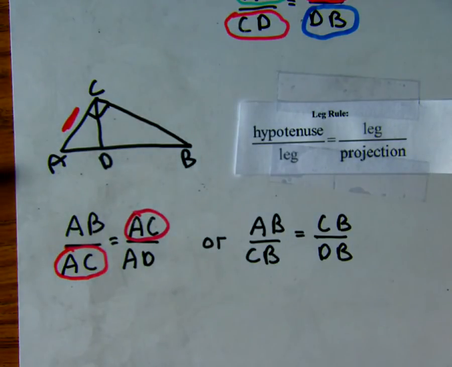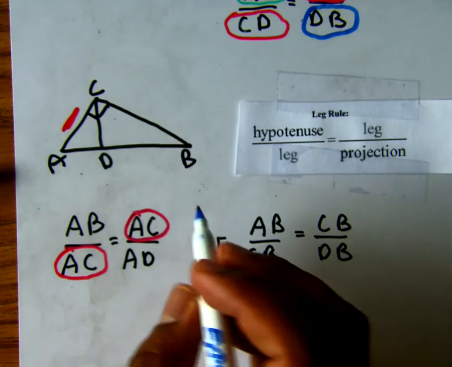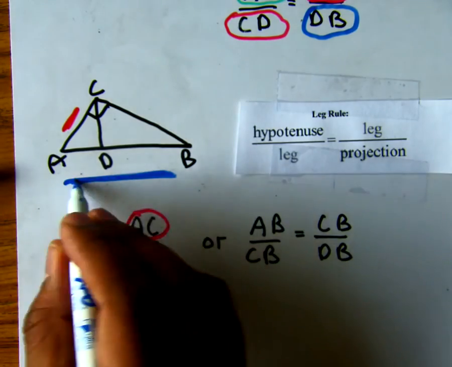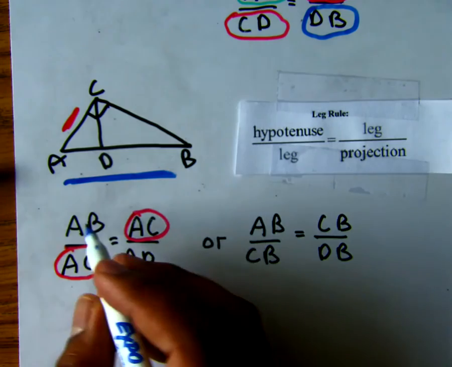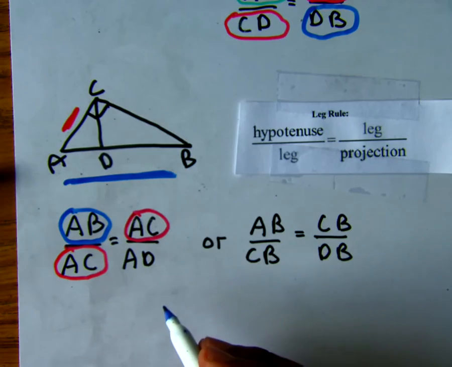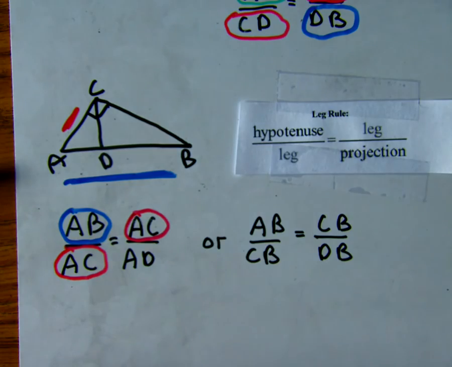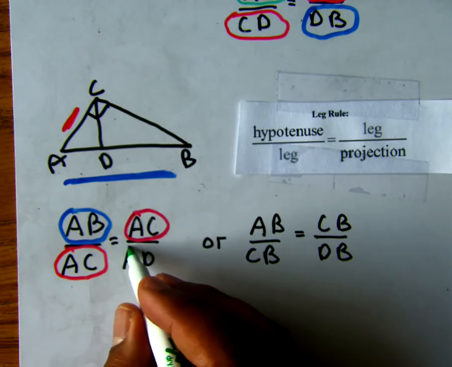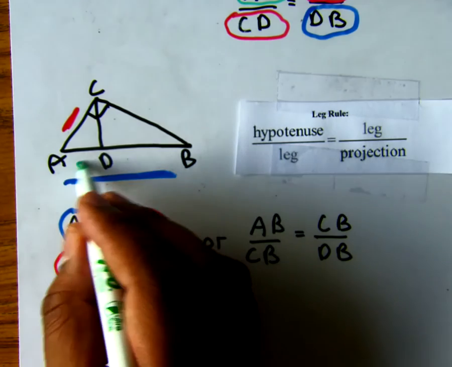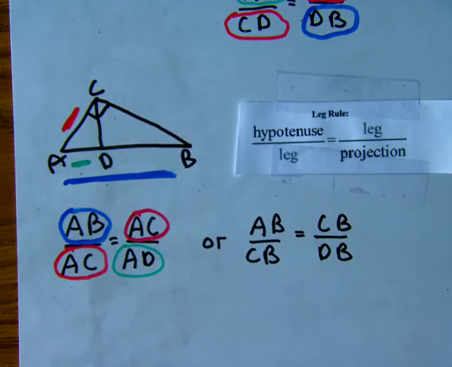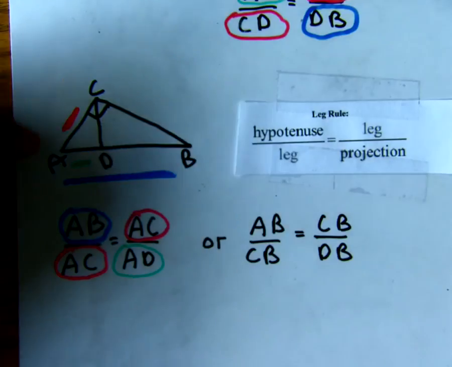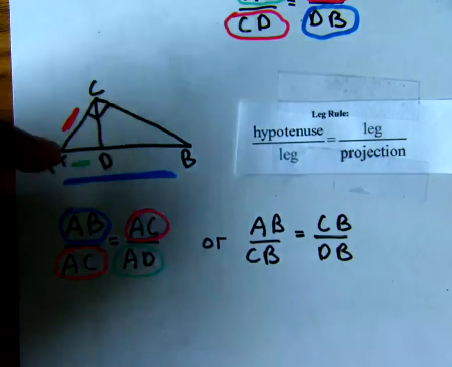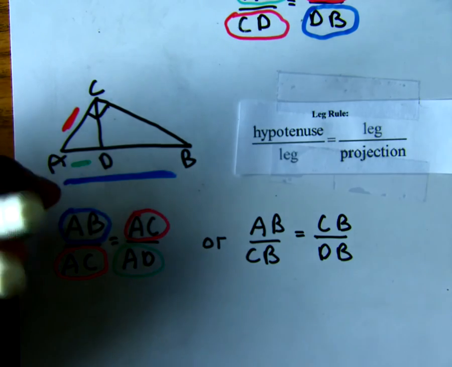And we want to multiply the whole hypotenuse, AB, against the projection on this side, which is AD. So you'll take AC, square it, and set it equal to AD times AB.